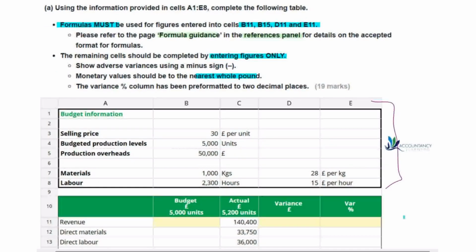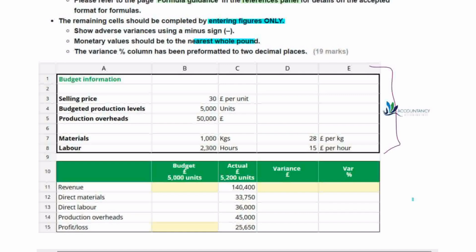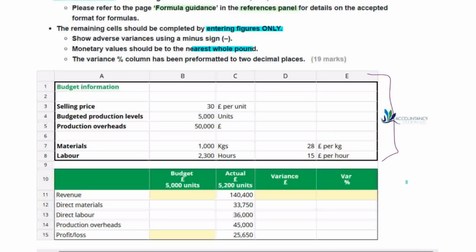So we are going to be looking at our formulas first of all. So B11, B15, D11 and E11. So they are the yellow boxes that we've got on screen here. So obviously you'll be typing into this. I'm going to be writing it in. So for revenue then, so B11, we need our selling price and our number of units.